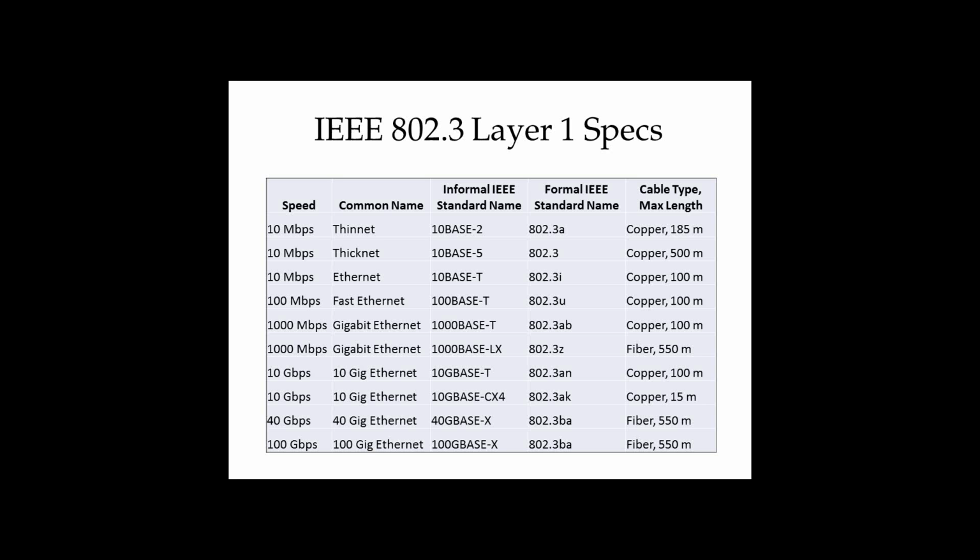You've got the 10G base SR and LR for some of the different fiber specifications. But just a tip here: some of this might seem like, why do we really need to know the formal IEEE standard name, 802.3an? Why do I need to know that?